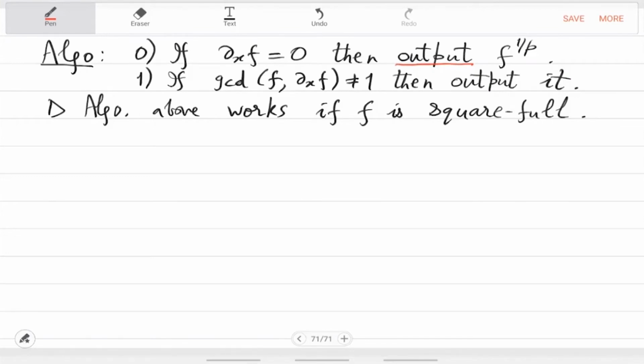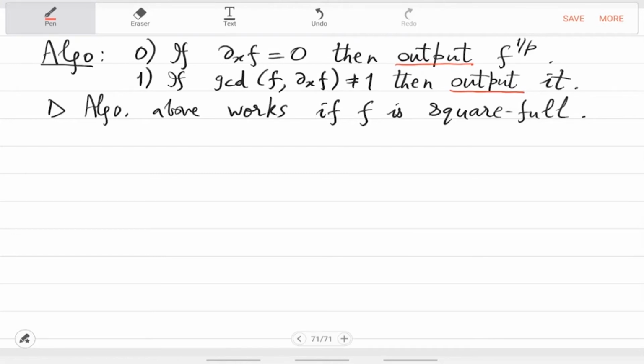If it comes out to be non-1, then you are sure that this is a non-trivial factor, because its degree cannot be equal to the degree of f. The derivative has degree 1 less. So the GCD either has degree 0, which means it is 1, or it has degree between 1 and d minus 1. So it's a non-trivial factor, and you output it. One of these outputs will be successful as long as f was squareful.